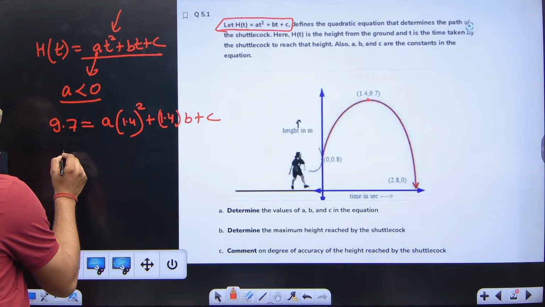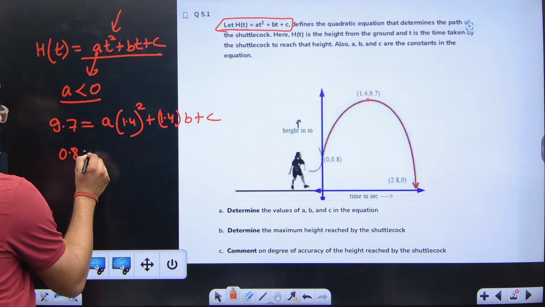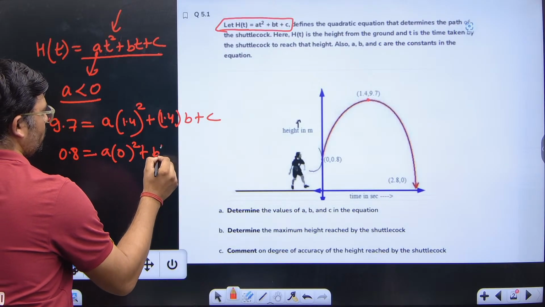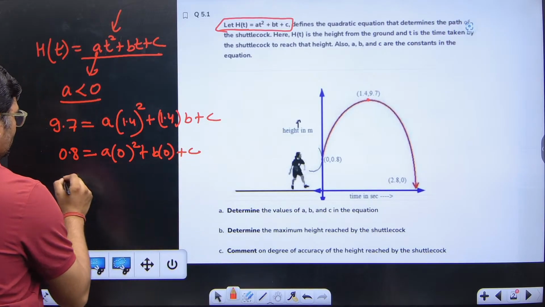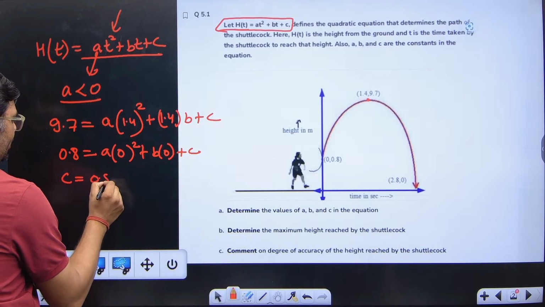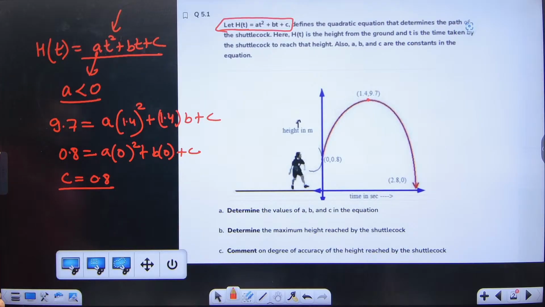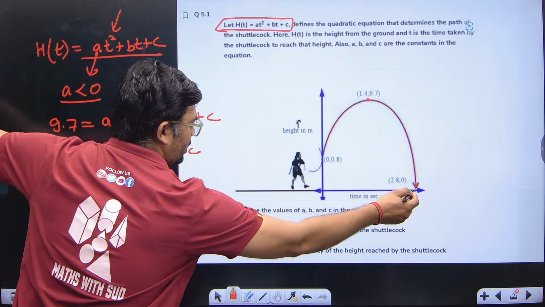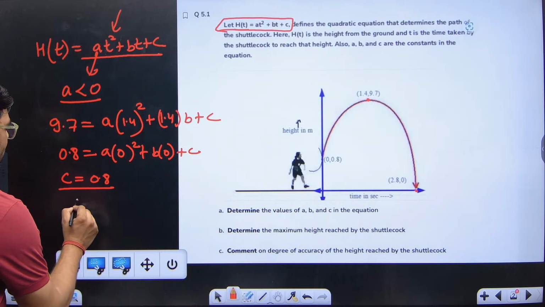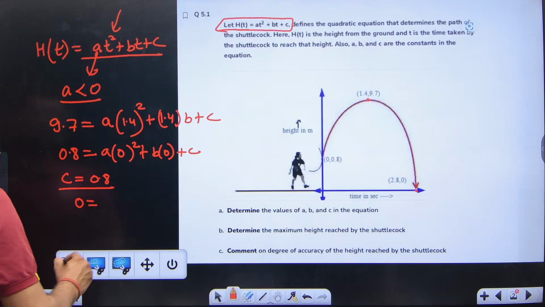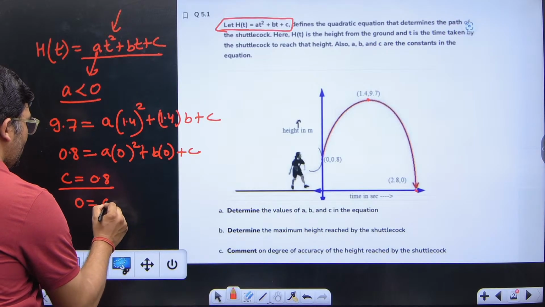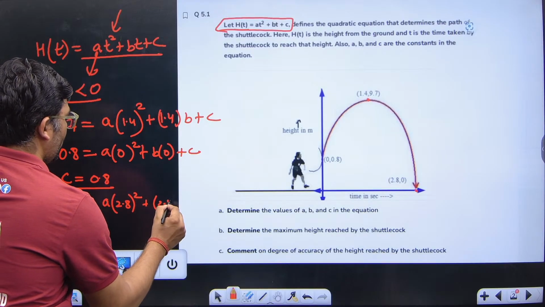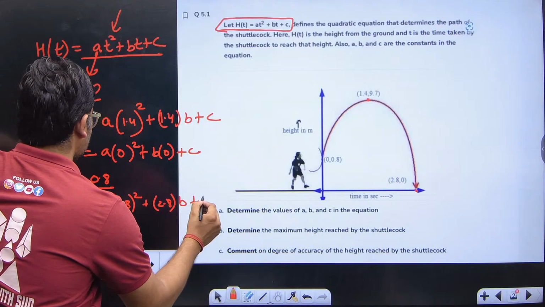The first point I will use is 0.8 is equal to a into 0 square plus b into 0 plus c. So we got c as 0.8. Now we will substitute the value of this other point, so we will write 0 is equal to a into 2.8 whole square plus 2.8 into b plus 0.8.